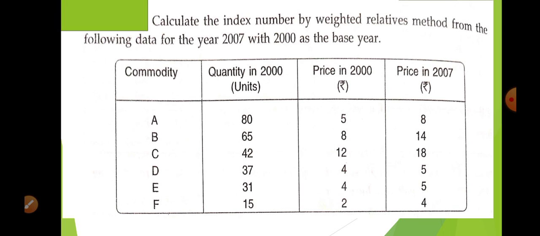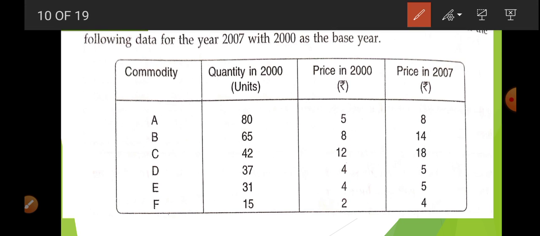Calculate the index number by using the weighted relative method from the following data for the year 2007 with 2000 as the base year. Okay, so this is your base year, that is P0.